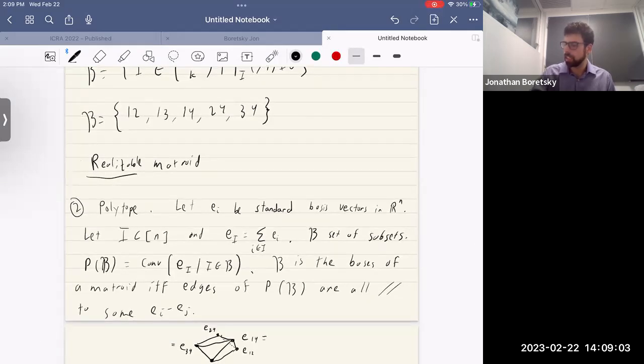So if you let e_i be the standard basis vectors in R^n, and let I be a subset of numbers from 1 to n, we'll define e_I to be the sum of the corresponding basis vectors.